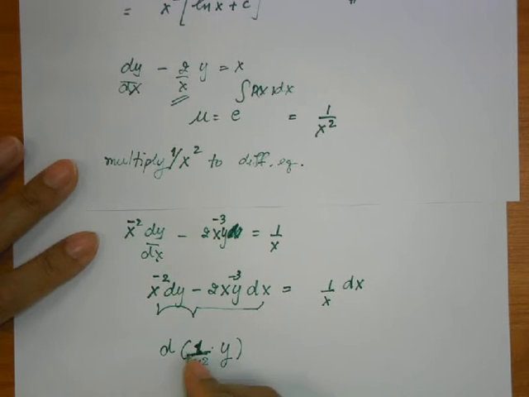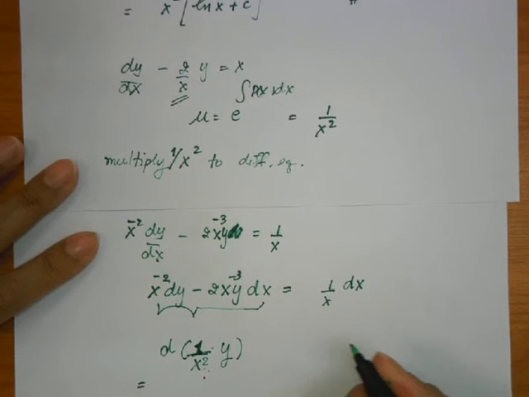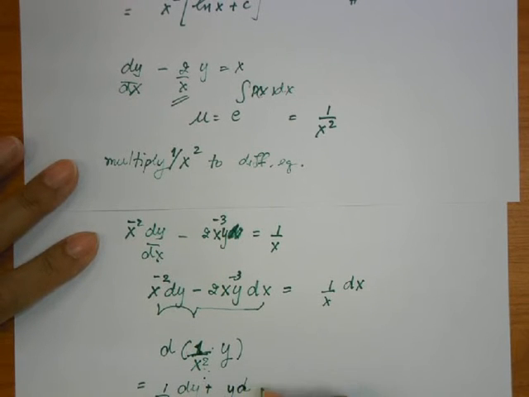If you differentiate this, it would be equal to 1 over x squared dy plus y d(1 over x squared), right?